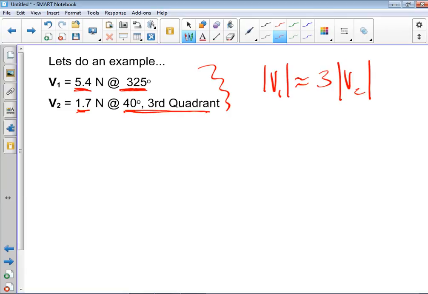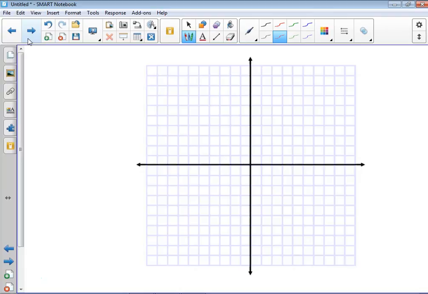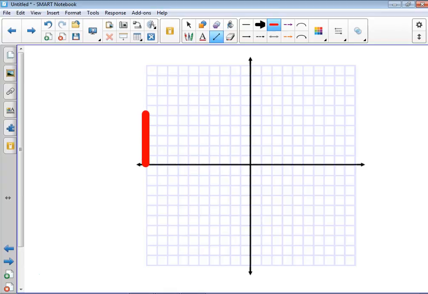Okay. So the first step is to sketch the two vectors. So here we have a piece of graph paper, a grid system on it. And we're going to keep in mind that, let's do this. There's a lot of ways you could do this. I think I'll use the red. So as an idea of how long something is, this is 1, 2, 3, 4, 5.4.